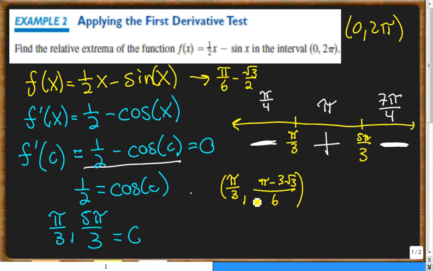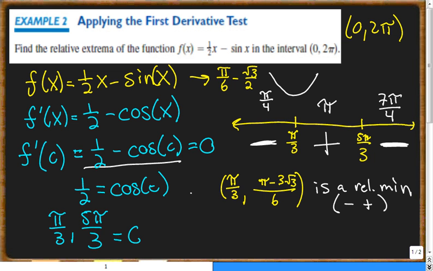All you have to do to get this point is to plug your original answer into your original function. And because I'm going from a negative slope to a positive slope, it is a relative min. I know that because I'm going from negative to positive.